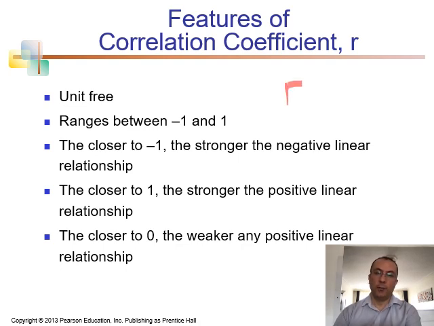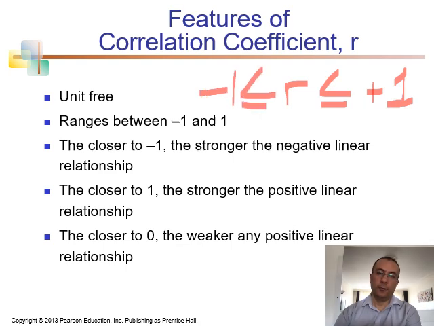By calculation, the correlation coefficient is always between +1 and -1. If it is close to -1, that means a strong negative relationship. If it is close to +1, that means a strong positive relationship. If it is close to 0, then there is no relationship between these two variables.